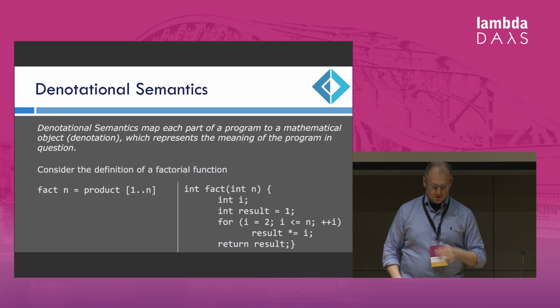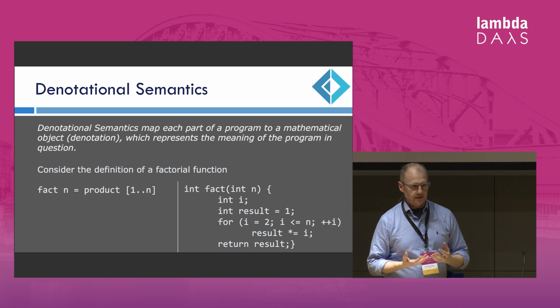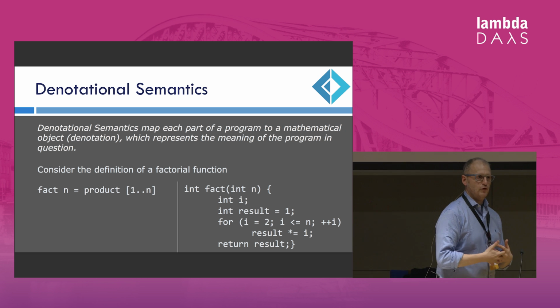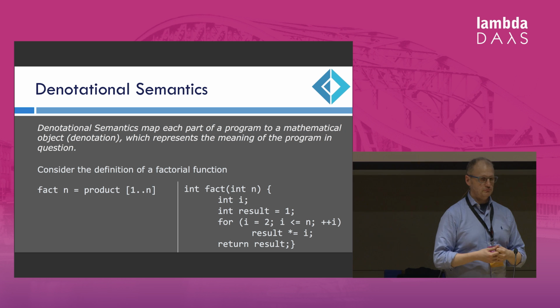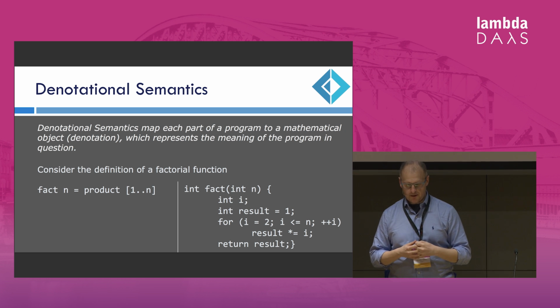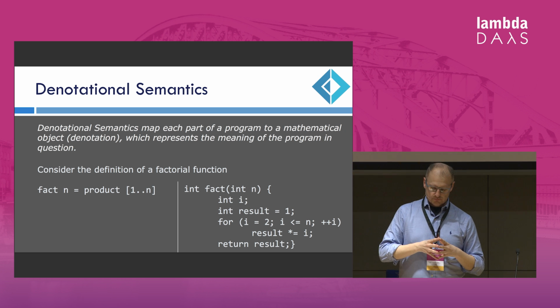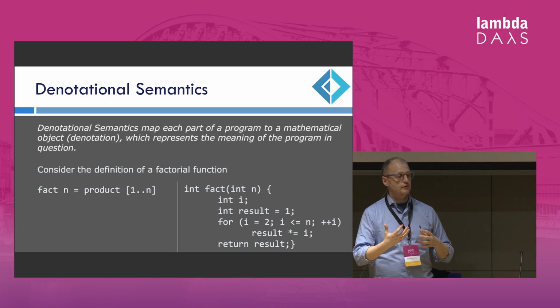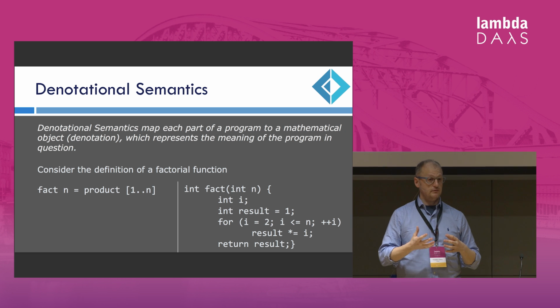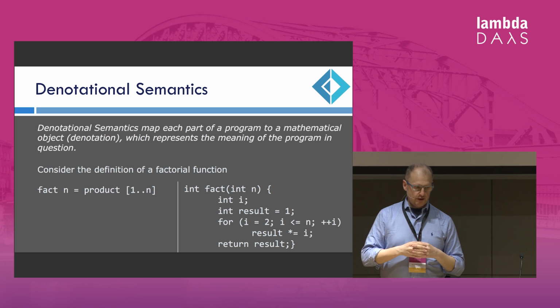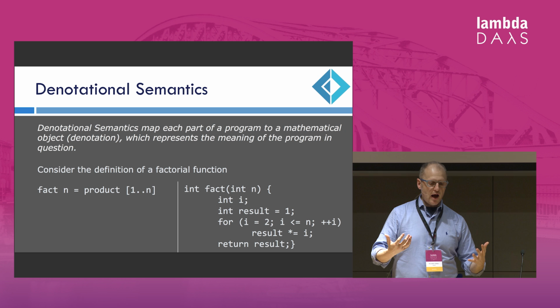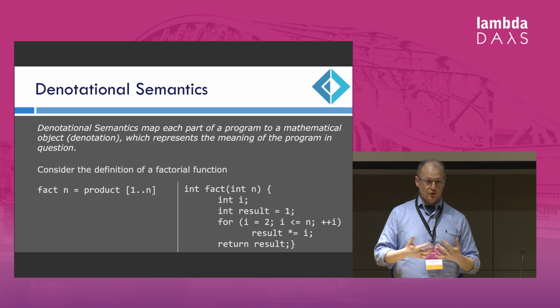So denotational semantics is a mathematical expression of the formal meaning of your program or your programming language, right? It provides a mathematical interpretation for your program constructs, so you can use math to prove the correctness of your program.